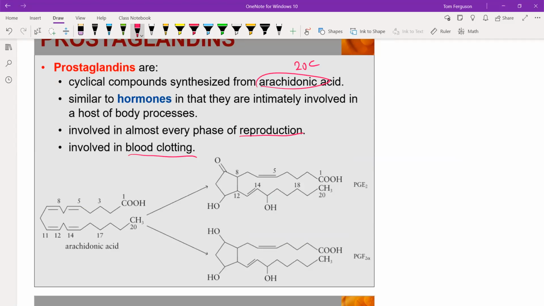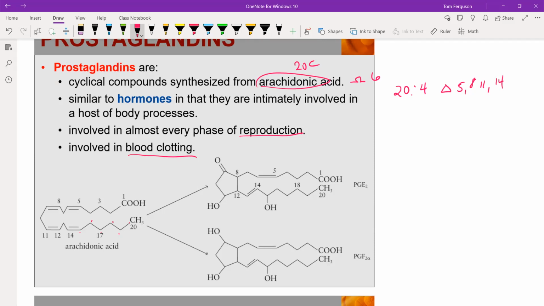It is 1, 2, 3, 4, 5, 6, so it's an omega 6, and then delta 5, 8, 11, 14 acid.